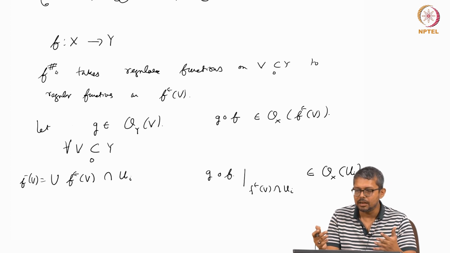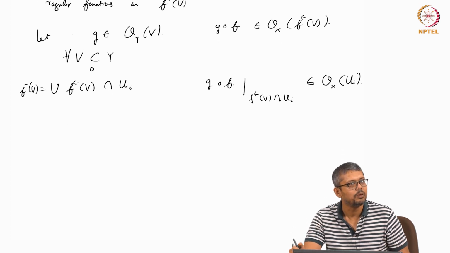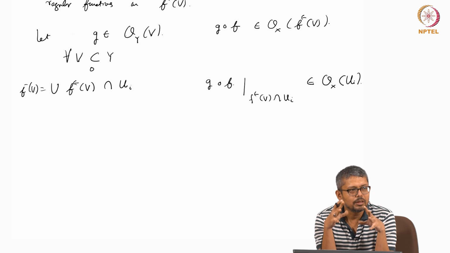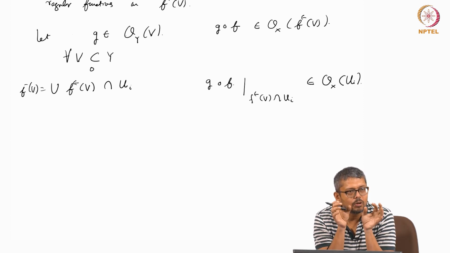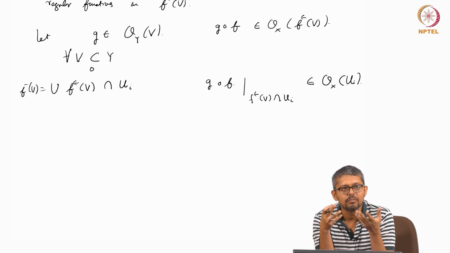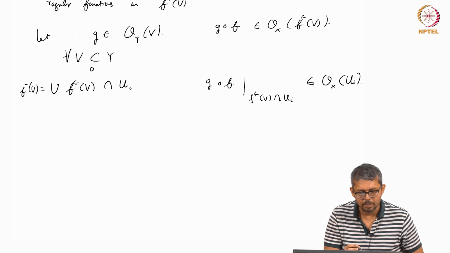So these kinds of arguments will come again and again. Whenever you are not working with affine varieties, you go to a cover and study things locally, and then you do the argument at the global level.